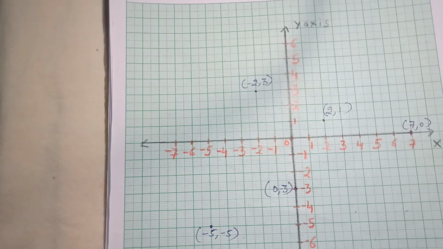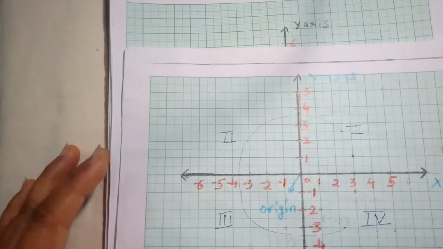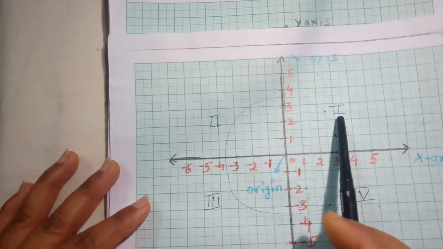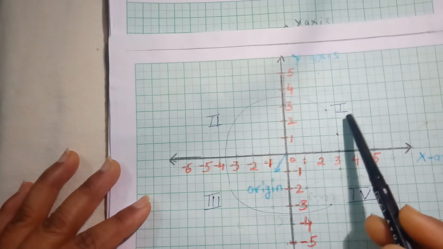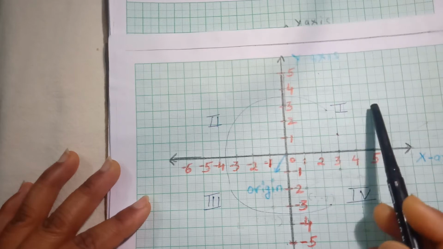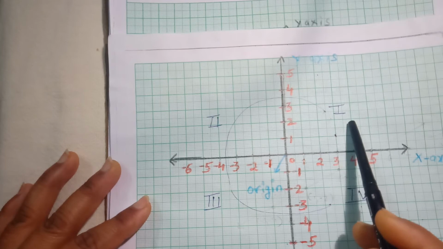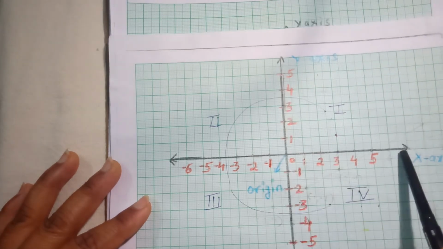First of all, we are going to understand the coordinates. We are moving to the first quadrant. In the first quadrant, the values of x and y will be in which sign? That will be according to this number line.